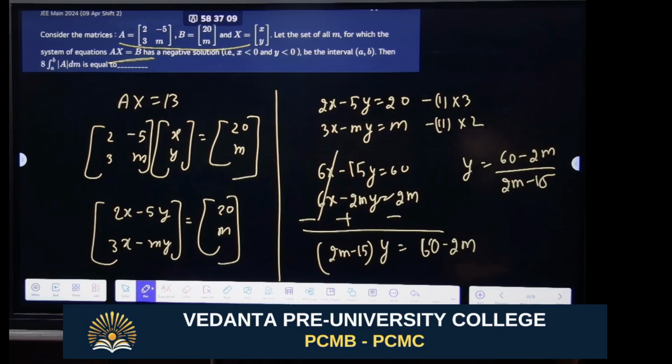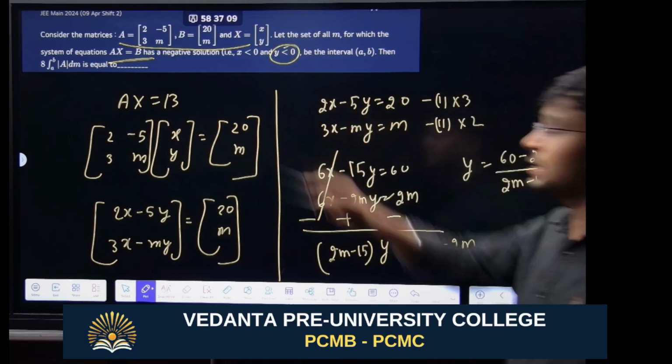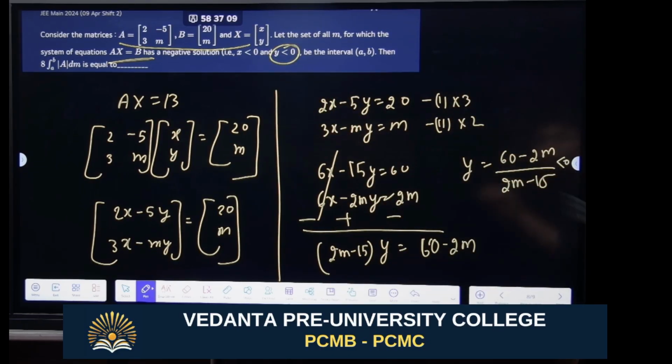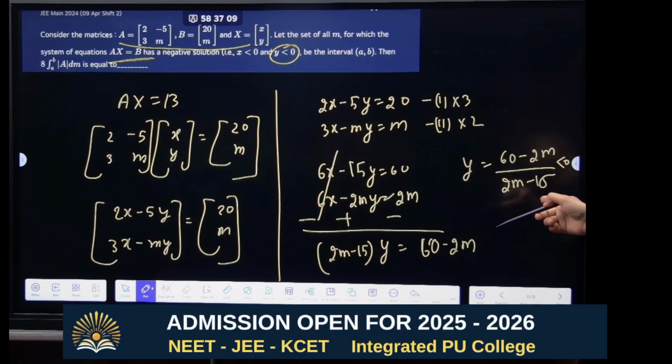And it is given this is a negative solution, meaning y should be less than 0. This should be less than 0. Now, if this is less than 0, what should be the value of m? This is an inequality question. Let me erase this.